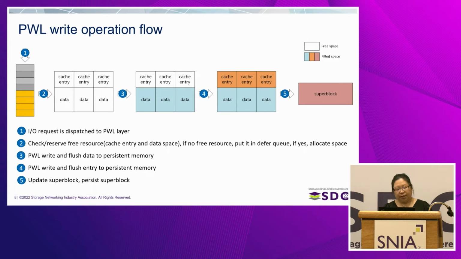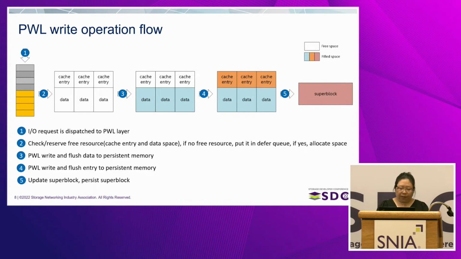PWL will check if there are resources in the cache file. If there is a free resource, it will reserve the resources for this IO request. If there is no resource, it will put the IO request into the deferred queue.